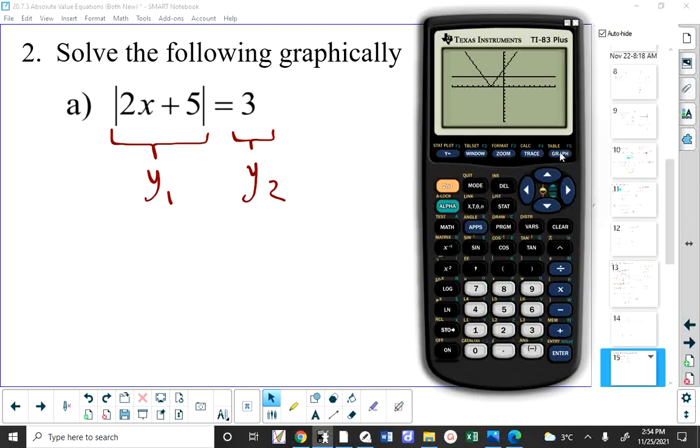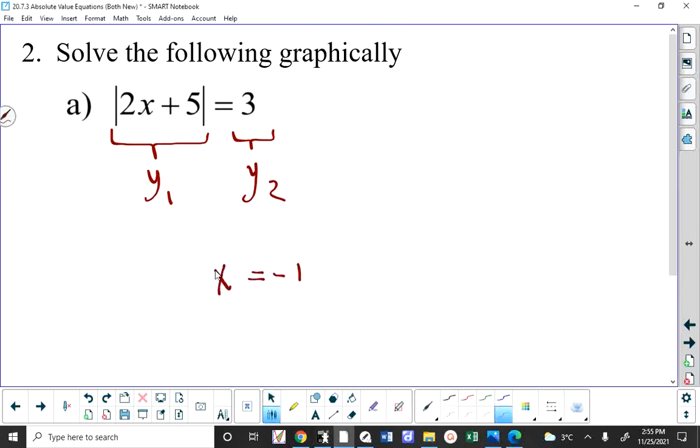I'm going to calculate by going to my calculate menu the points of intersection, go close to 1 and hit enter 3 times. -1 is a point of intersection. We're looking at the x coordinate though. We don't care about y. So one of the solutions here is -1.